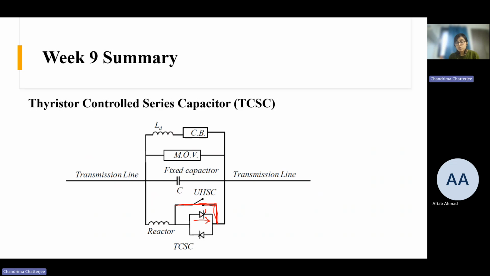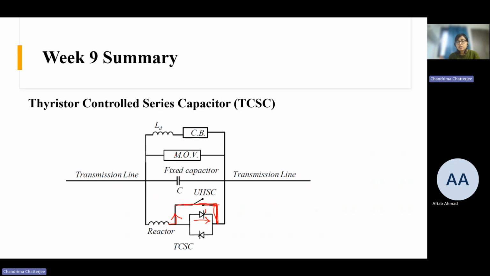The conduction loss will certainly be there. So to avoid that, there is this high speed contact. When they are fully on, simply bypass them. Then the current will be diverted through this path, and the current will not flow through the thyristors. But this is only when the thyristors are fully on.